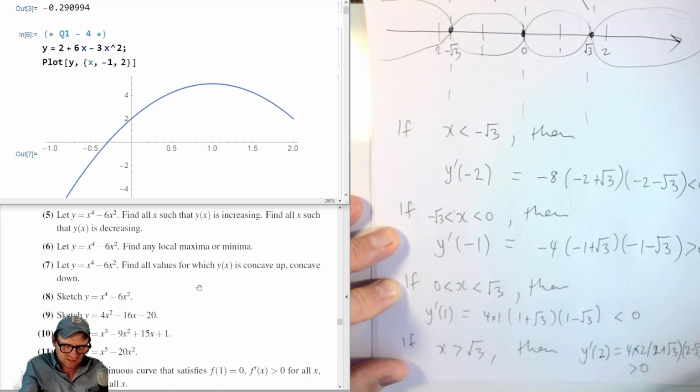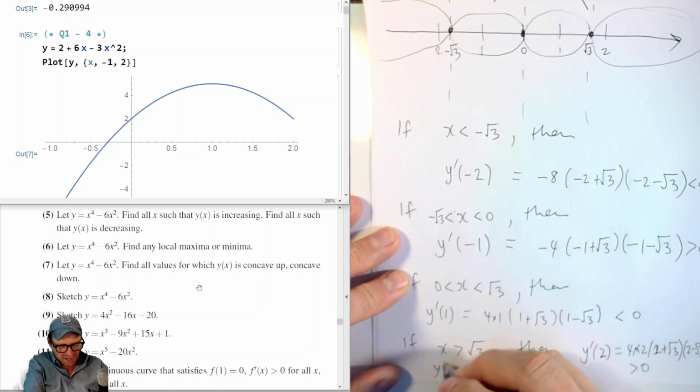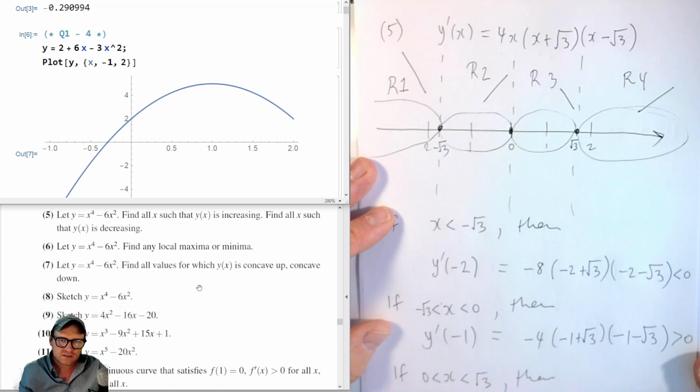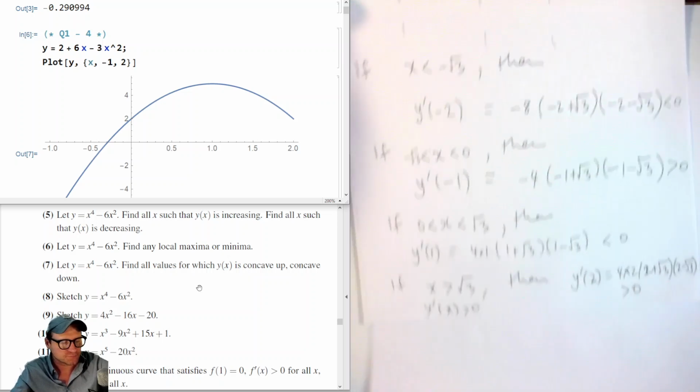Now this is positive. And so in this region, y dash of x would be positive, and so we get a positive slope in that region. Now let's answer the question properly.